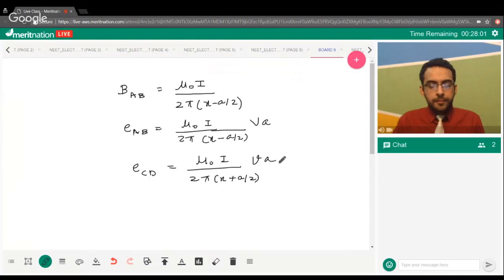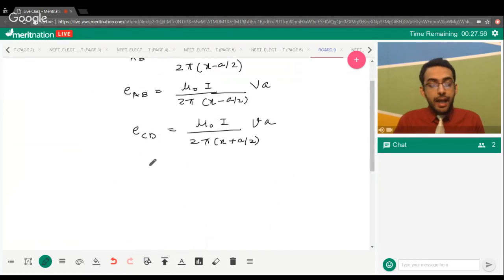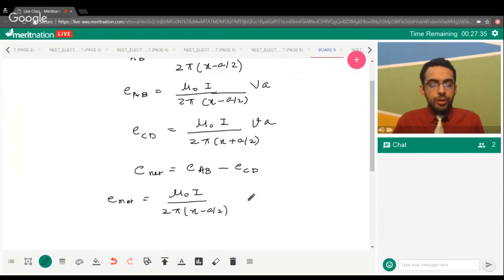So V into A. The EMF induced over the coil can be written as E net is equal to EAB minus ECD. So E net is equal to mu naught I over 2 pi into X minus A by 2, minus mu naught I over 2 pi into X plus A by 2.